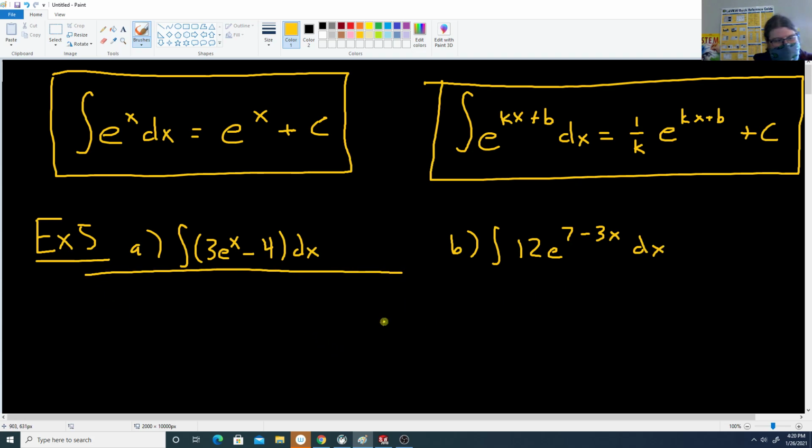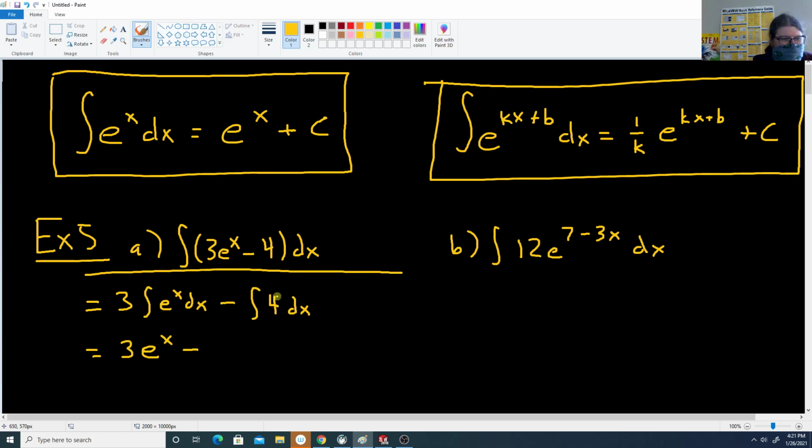For part A, we can use that the integral is linear, so 3 is out front. We get the integral of e to the x dx minus the integral of 4 dx. So we get 3 out front. e to the x is its own integral, so when we integrate e to the x, we get e to the x.